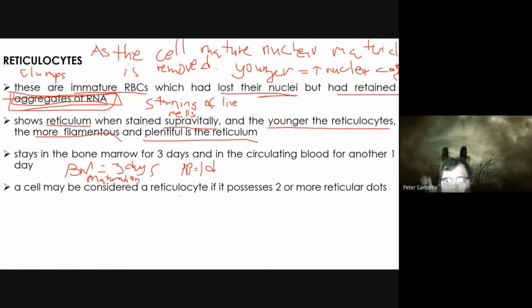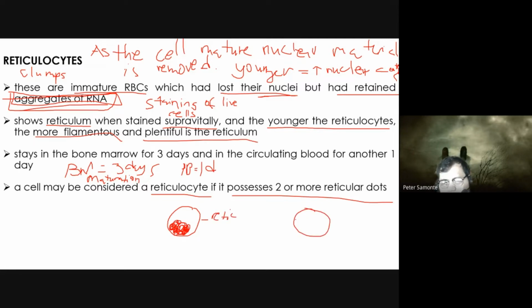Then a cell may be considered a reticulocyte if it possesses 2 or more reticular dots. So sabi ko kanina, ang retics nyo would have aggregates of RNA. But there is an exception. If a cell possesses 2 or more reticular dots, considered reticulocyte siya. So example, class, ganito itsura ng aggregates of RNA niya. So you would consider this as a retic.